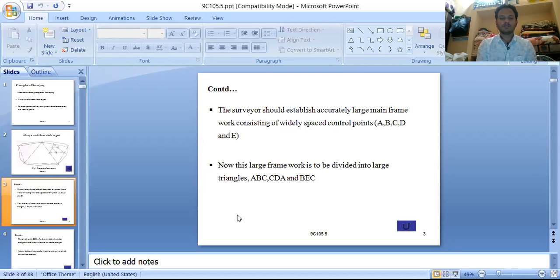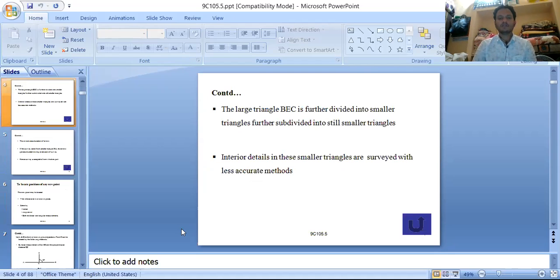As I have already shown in the previous diagram, the entire framework is divided into number of interconnected triangles. So the large triangle BEC is further divided into smaller triangles, further subdivided into similar triangles.